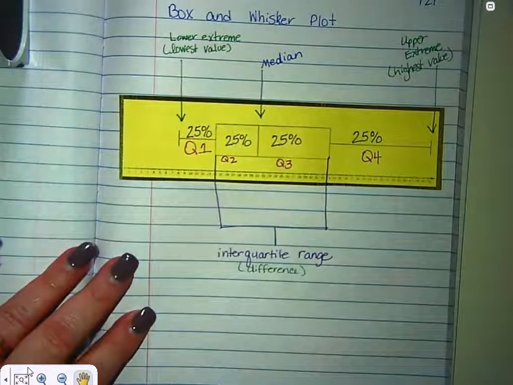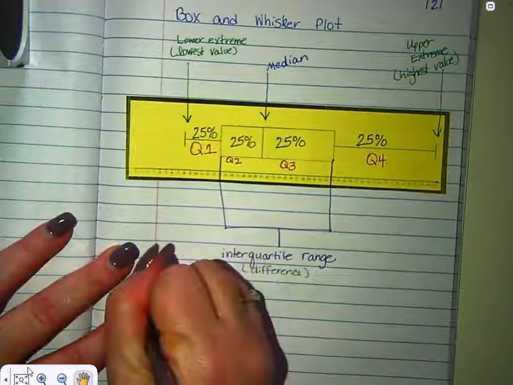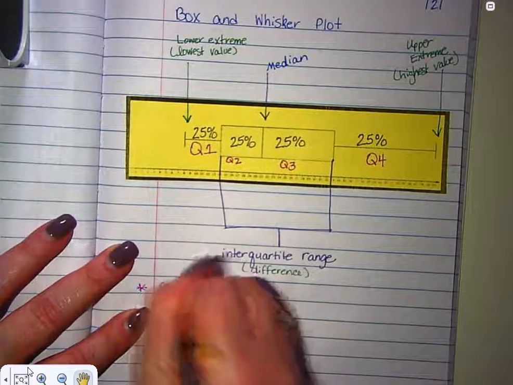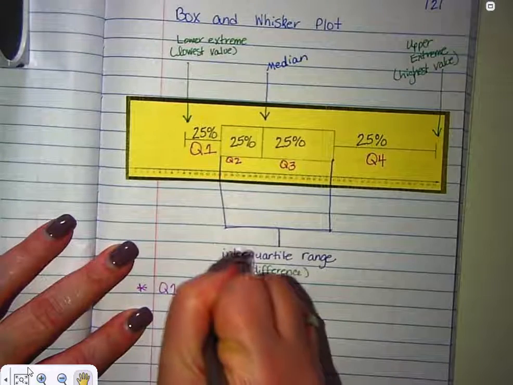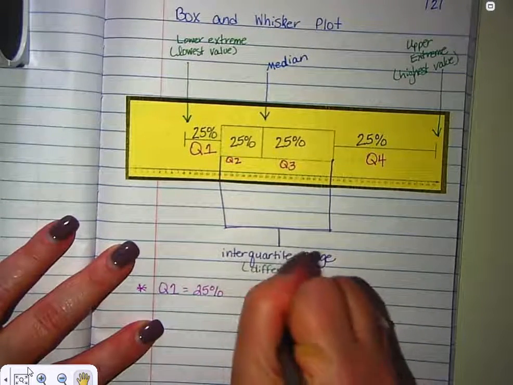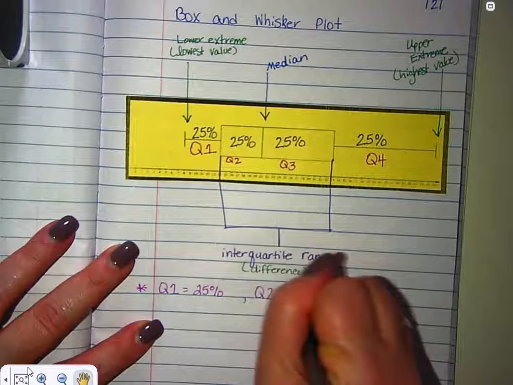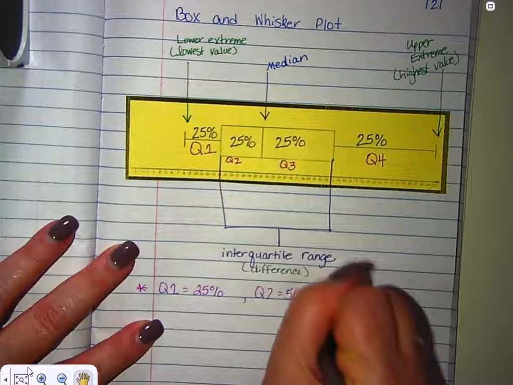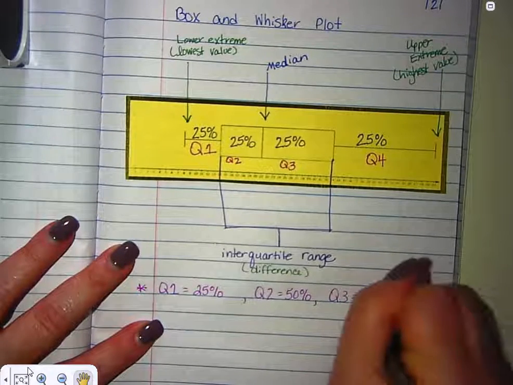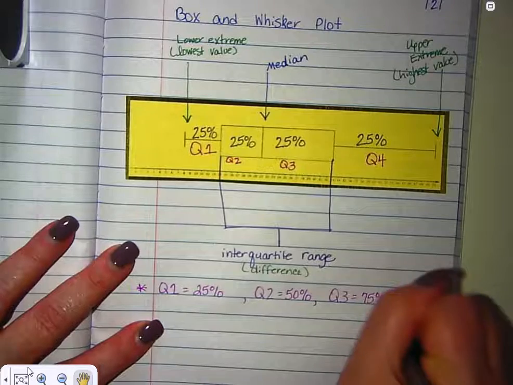All right, so things that we need to make note of. Quartile 1 equals 25%. If we got to quartile 2, those add up to 50%. Quartile 3, 75%.